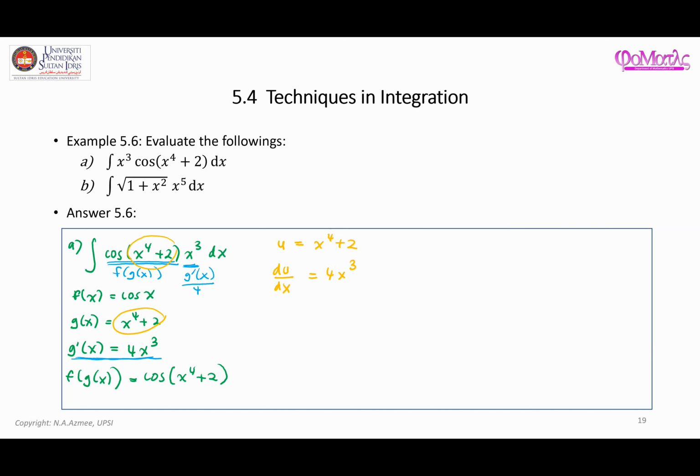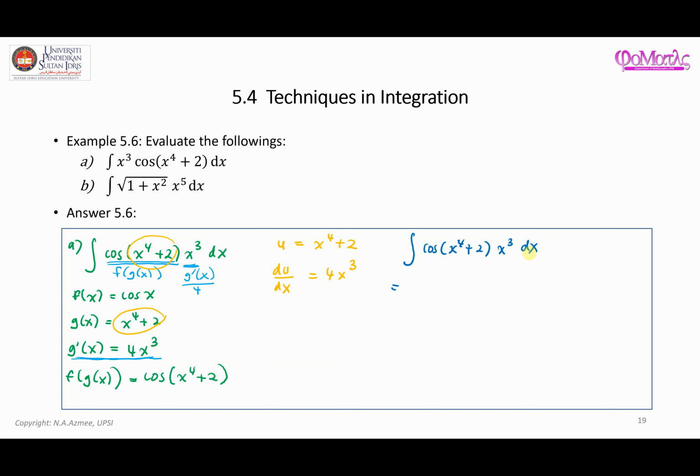Now let's go back to the integral that we have. The integral is cosine of x to the power of 4 plus 2, times x to the power of 3 dx.